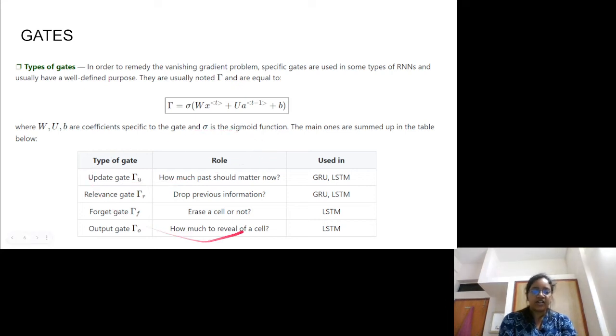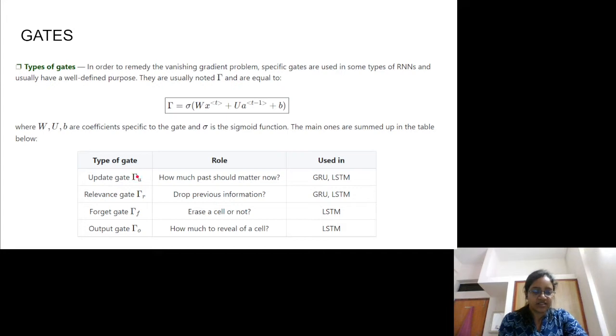Right. So this particular table is actually meant for both LSTMs and GRUs. People generally keep confusing how to remember LSTMs, but I remember them using the gates. Once you understand the gates, I think it will not be very difficult to remember. So there are these four gates, and just remember the signs for now.